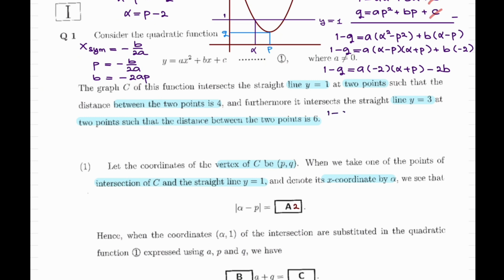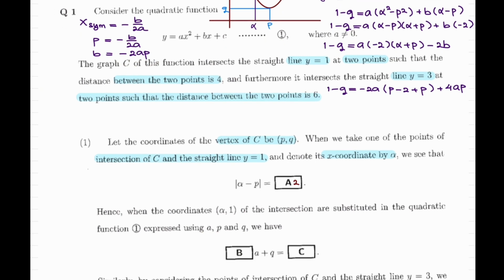So 1 minus q equals a times negative 2. I have negative 2a times alpha. Alpha is p minus 2. P minus 2 plus p minus 2 times b. Negative 2 times negative 2ap, we have plus 4ap.